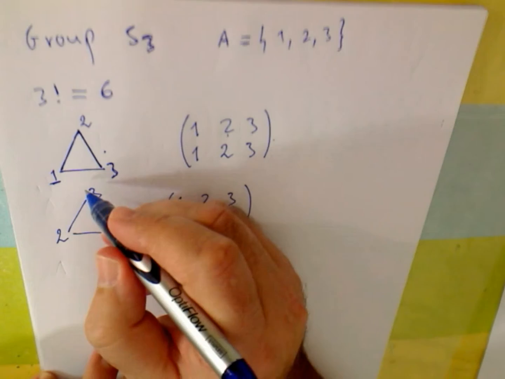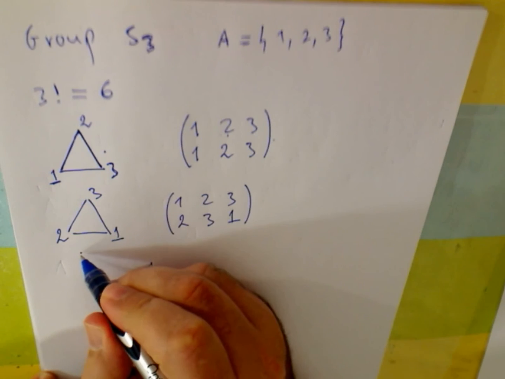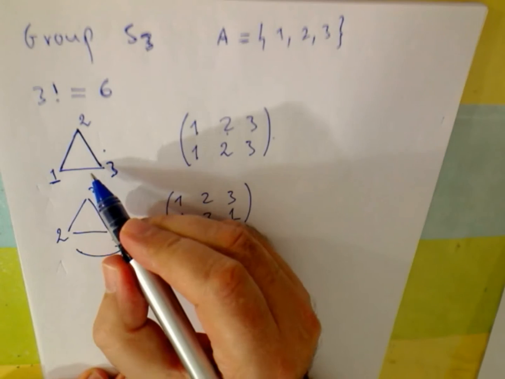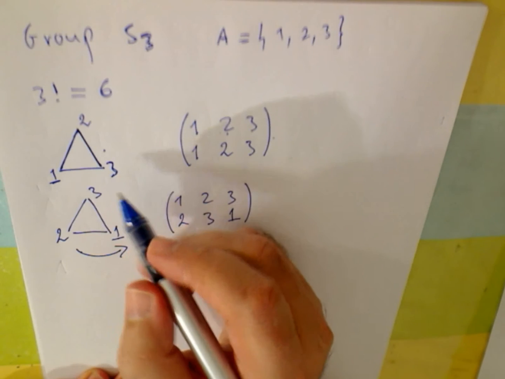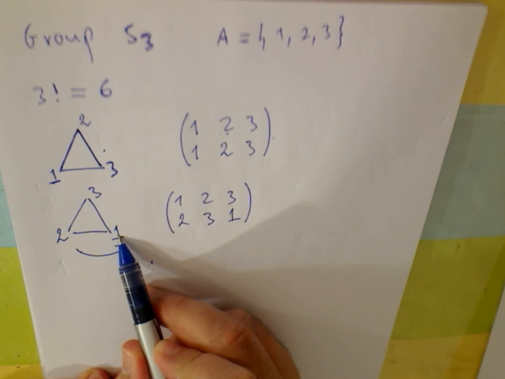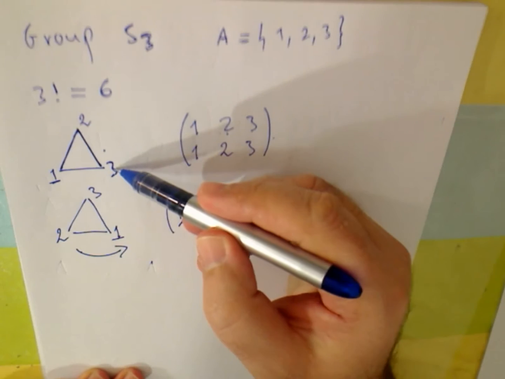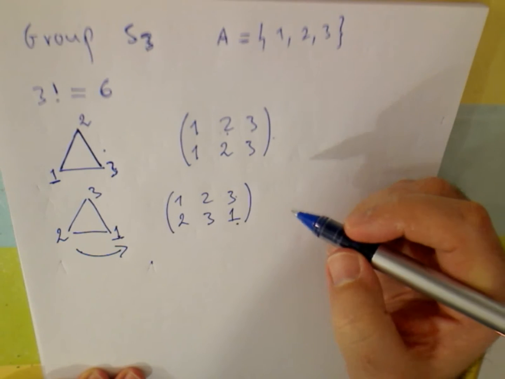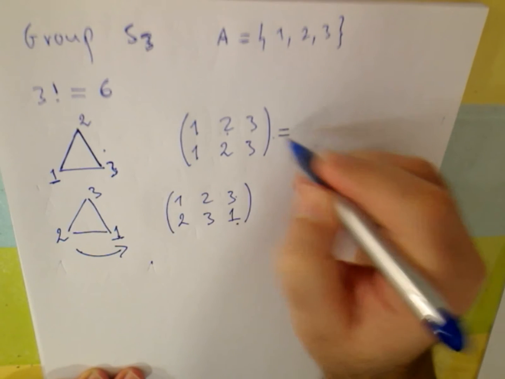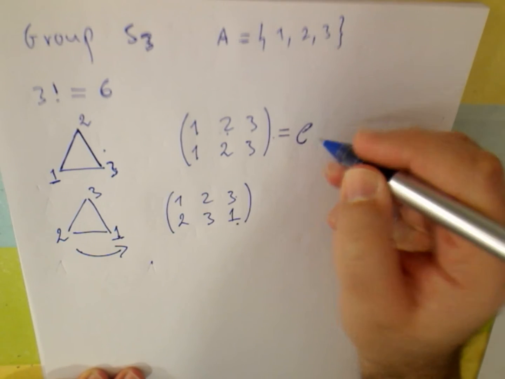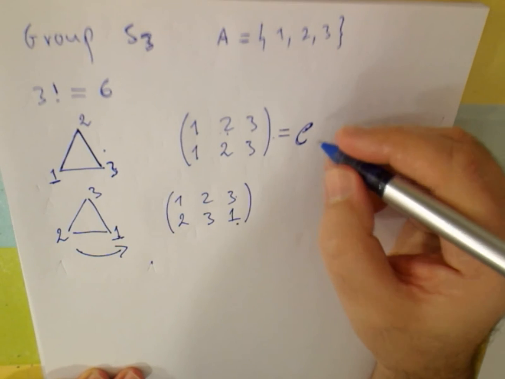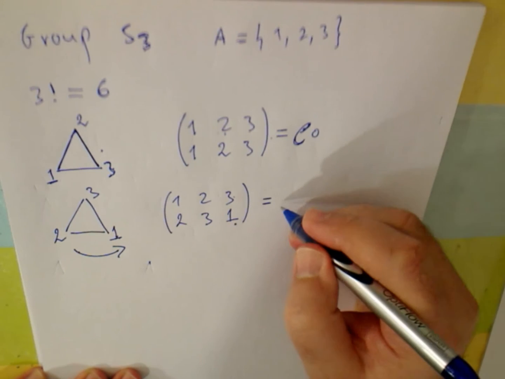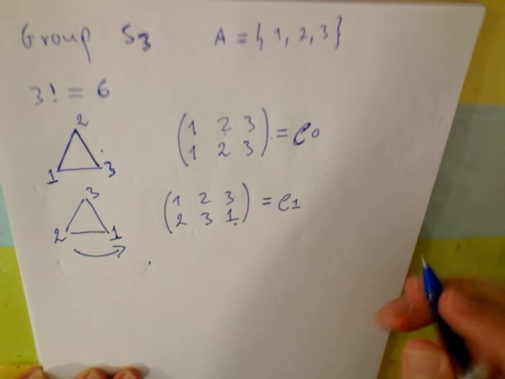So what I did was rotate the triangle. Instead of 3, now I have 1. I'm going to call this one rotation 0, and this one rotation 1, R1.